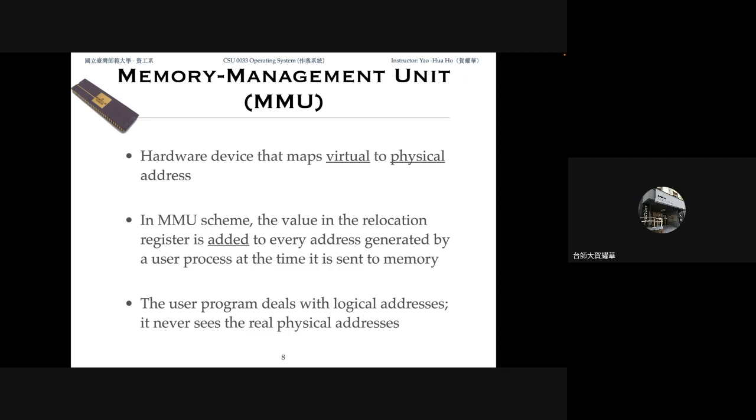But you need an MMU in between to translate that virtual address to the actual physical address in main memory to get the instruction or data out. At the user's level, the user's program deals with logical addresses only. It never sees the actual physical address. The physical addresses are all managed by the memory management unit, or MMU.